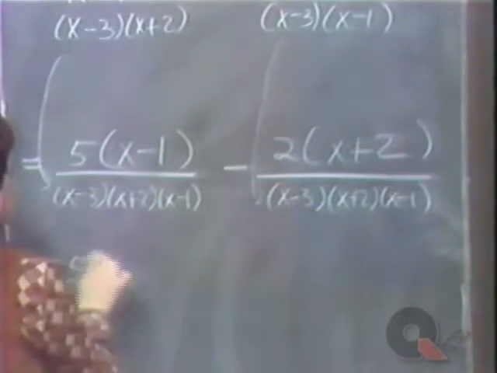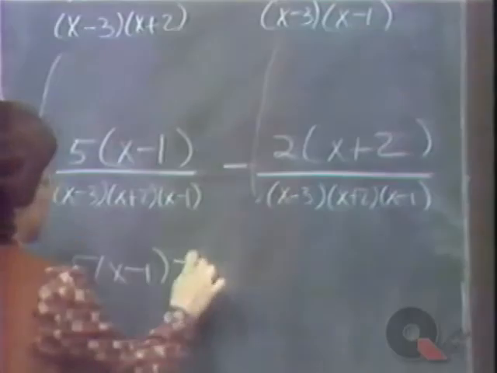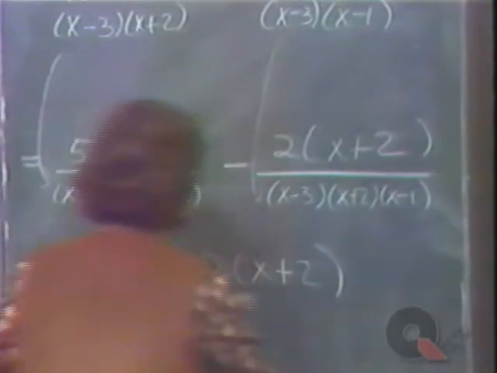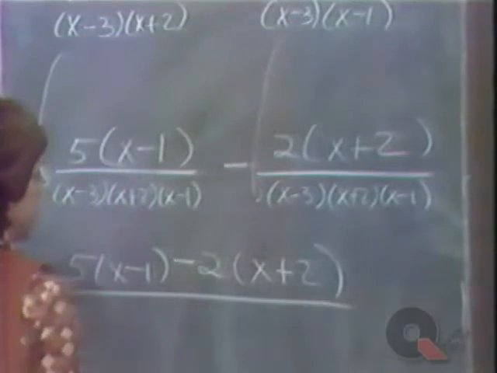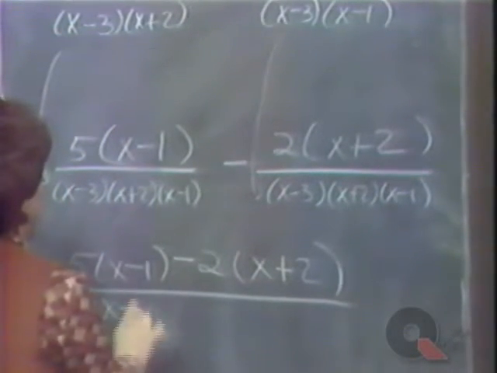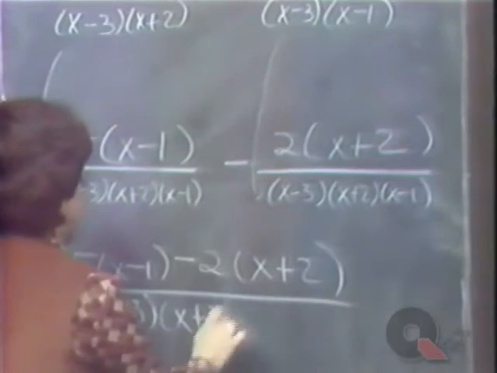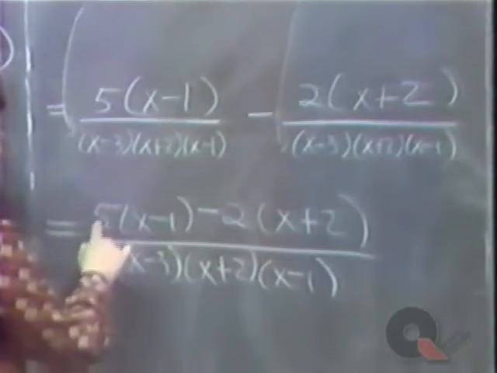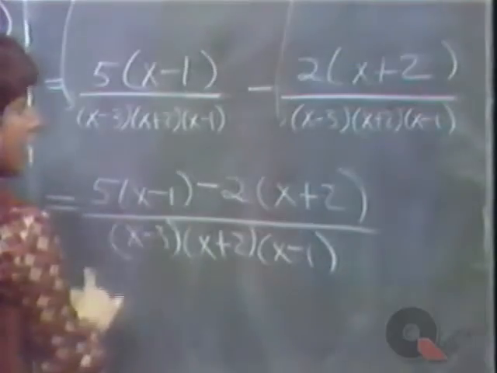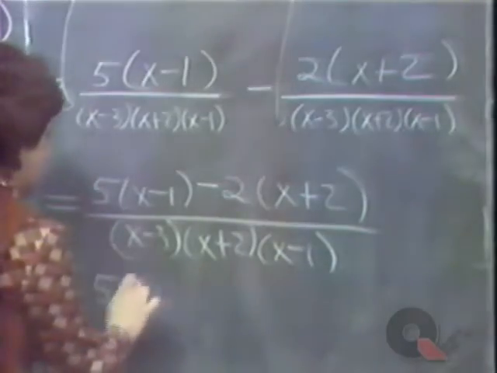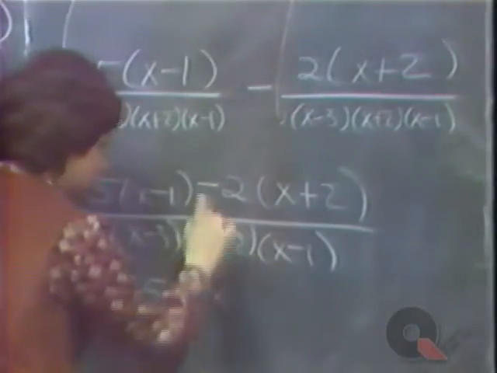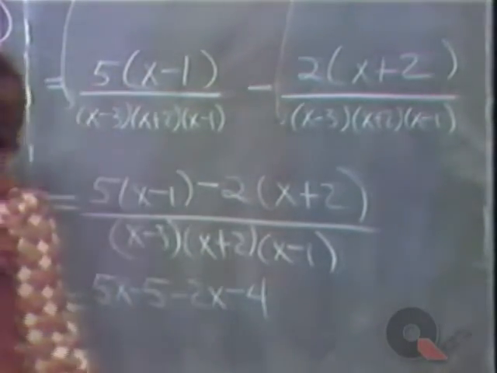I combine the numerators, and be careful, because it's a subtraction problem, so you have to be careful when you distribute this minus 2 through the parentheses here. We get 5x minus 5 minus 2x minus 4.